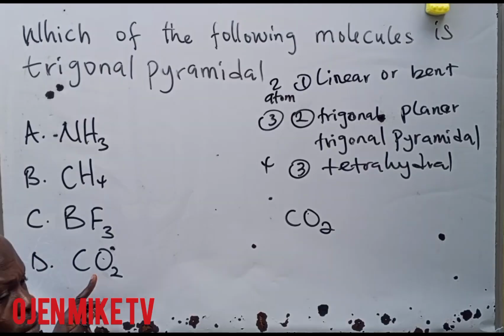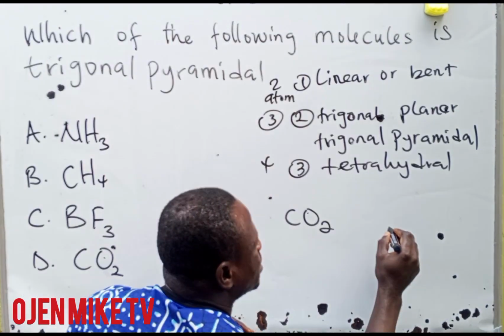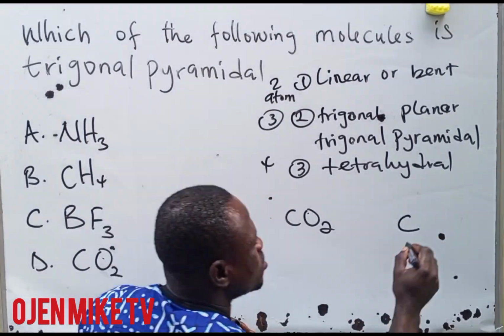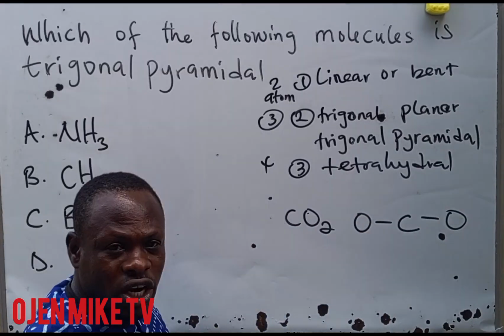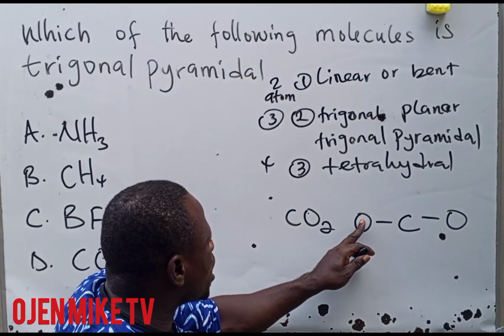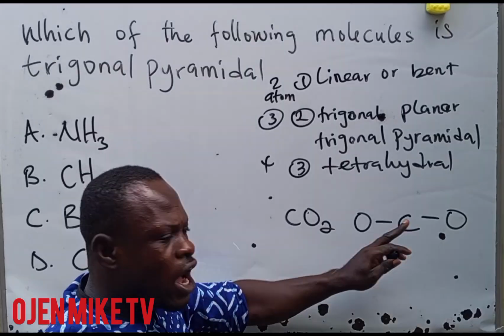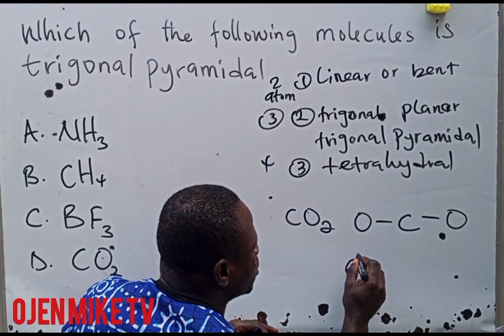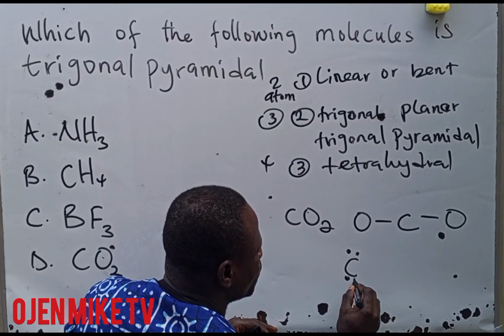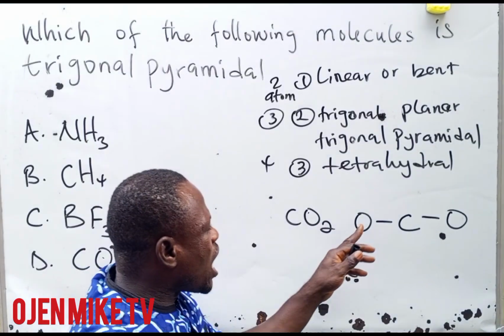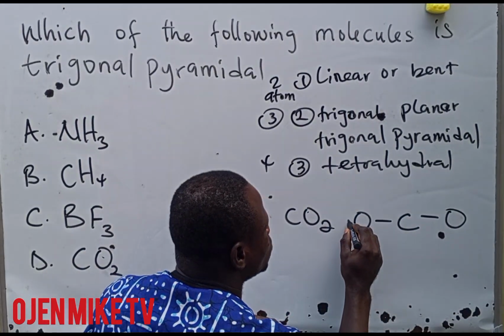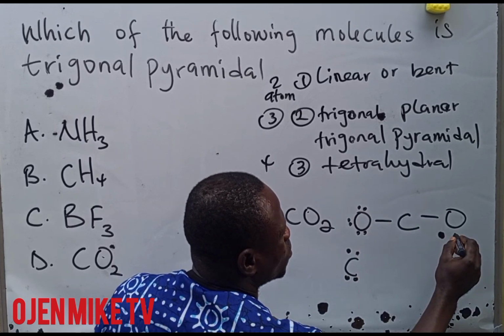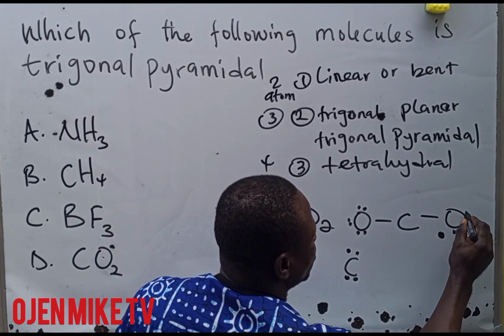If you look at carbon here, oxygen here, oxygen here. Now, check the valence electrons of carbon. Carbon has 4 valence electrons: 1, 2, 3, 4. Oxygen has 6 in its shell: 1, 2, 3, 4, 5, and this one 1, 2, 3.